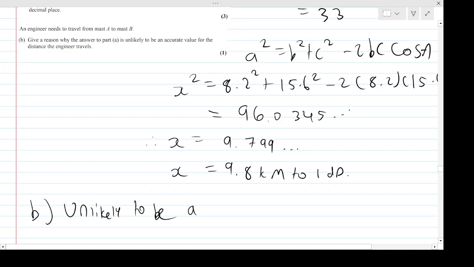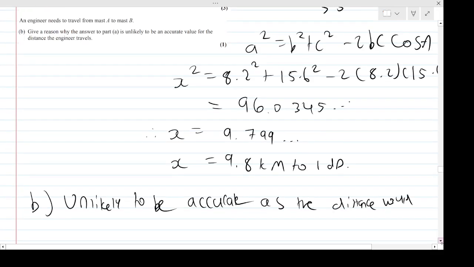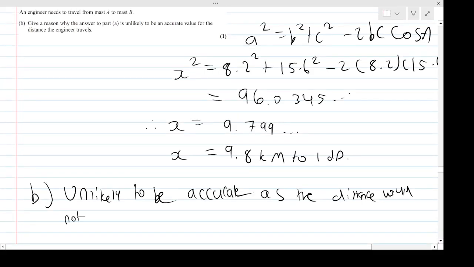My answer, anyway, in part A, is unlikely to be accurate as the distance would not be a straight line.